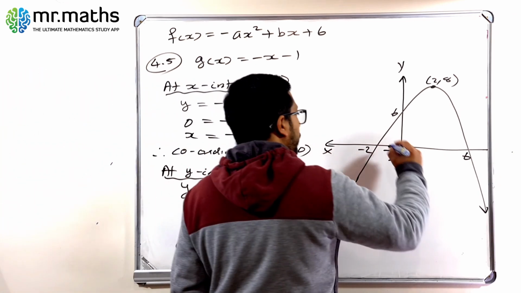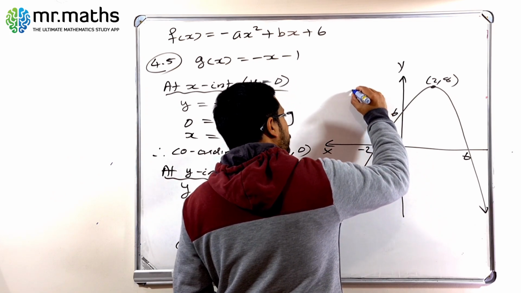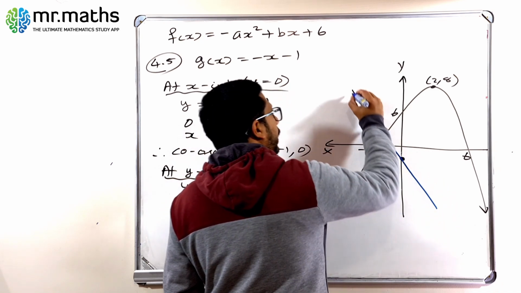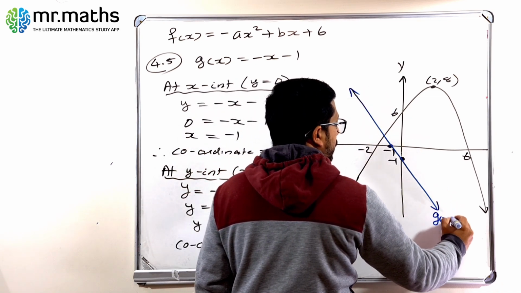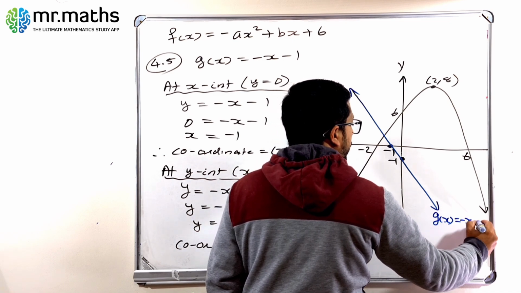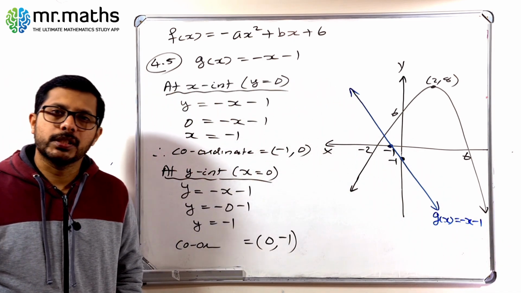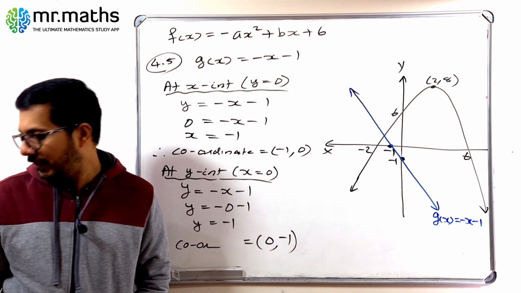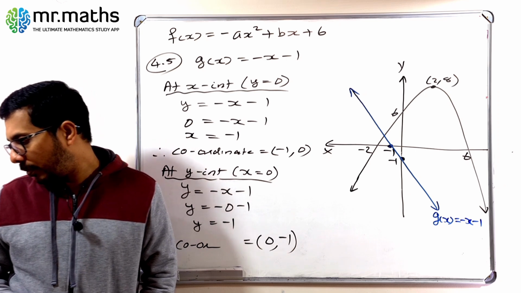The equation of this one is g of x is equal to minus x minus 1. That straight line is g of x is equal to minus x minus 1. Is it not a grade 10 question, this one? Okay, anyway, next question.